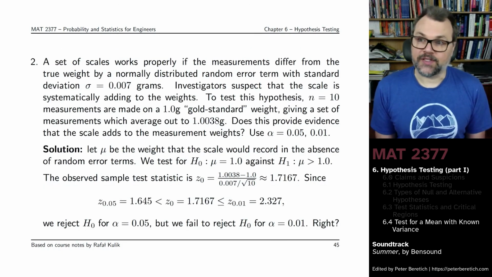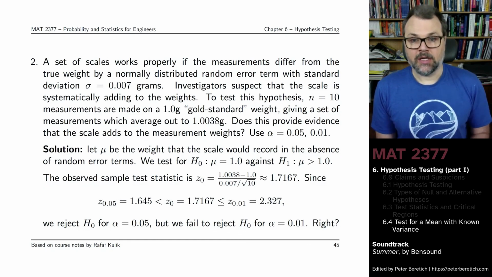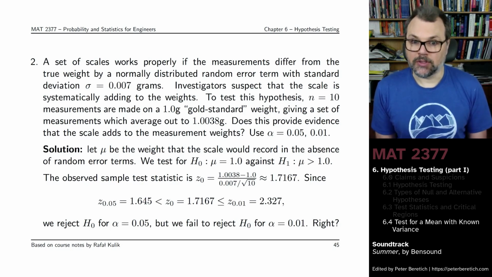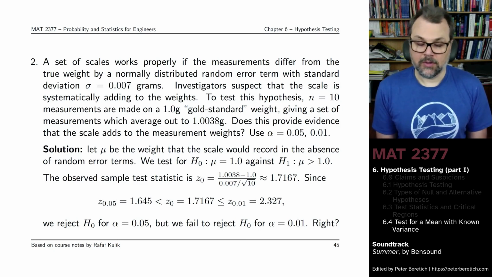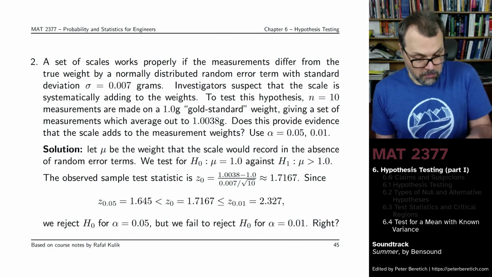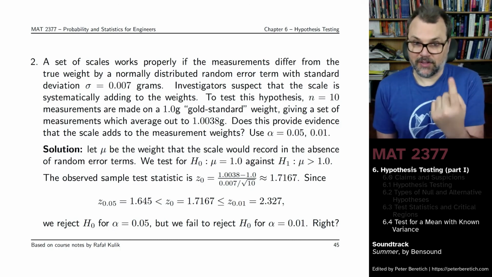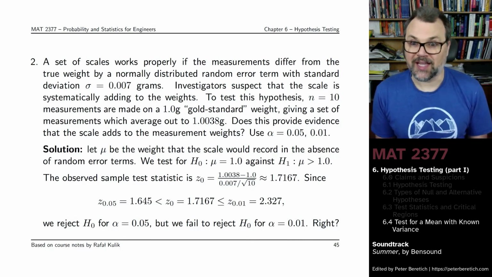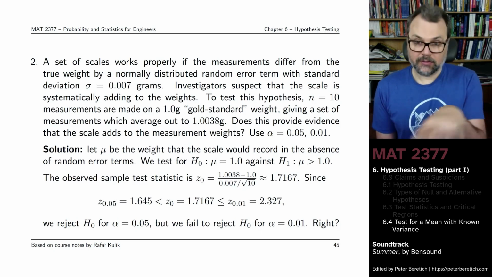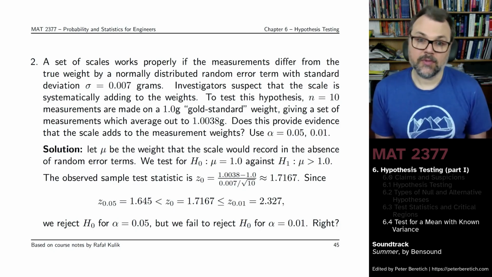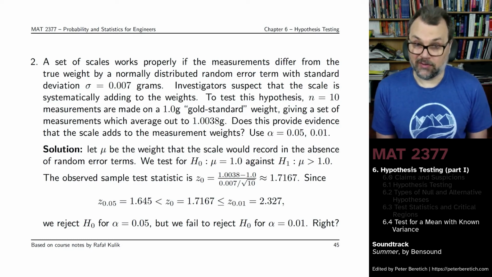Let's look at another example. You have a set of scales, and they work properly if the measurements differ from the true weight by a normally distributed random error term with standard deviation sigma, which is 0.007 grams. What that means is that whenever you measure the same item, say, a 1 gram gold standard weight, on each of the scales, you will get 1 gram plus some noise epsilon.